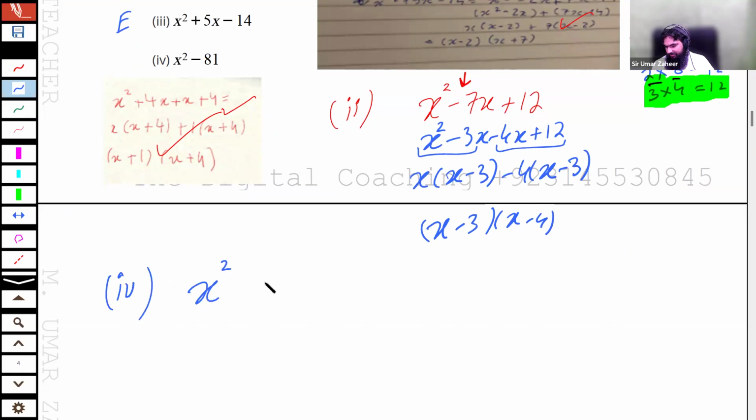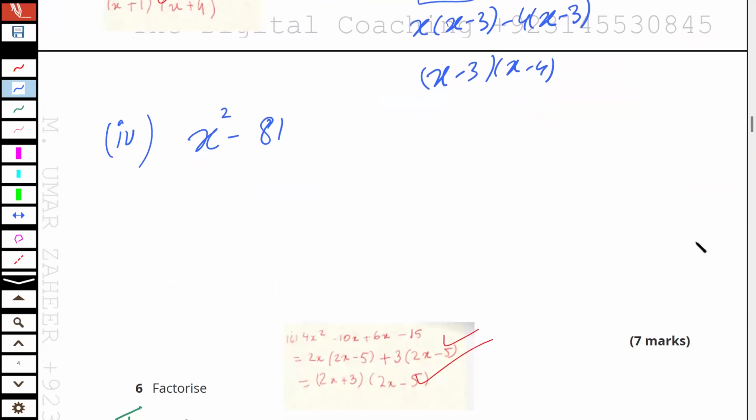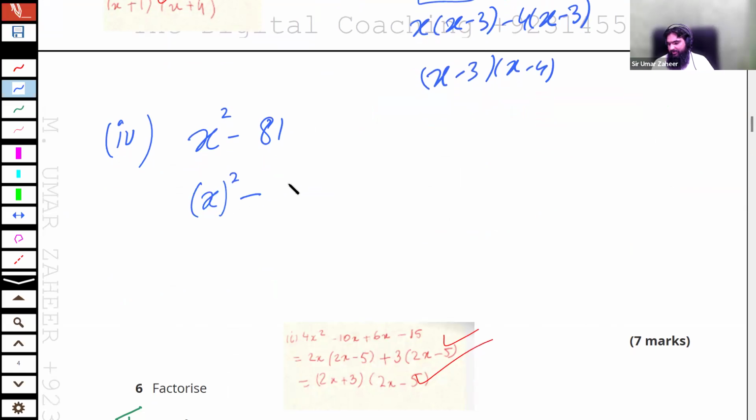We have x squared minus 81. How can you factorize this? We have to use our identity. We write x squared as the square of x, and 81 is the square of 9. So we use first term plus second term into first term minus second term.